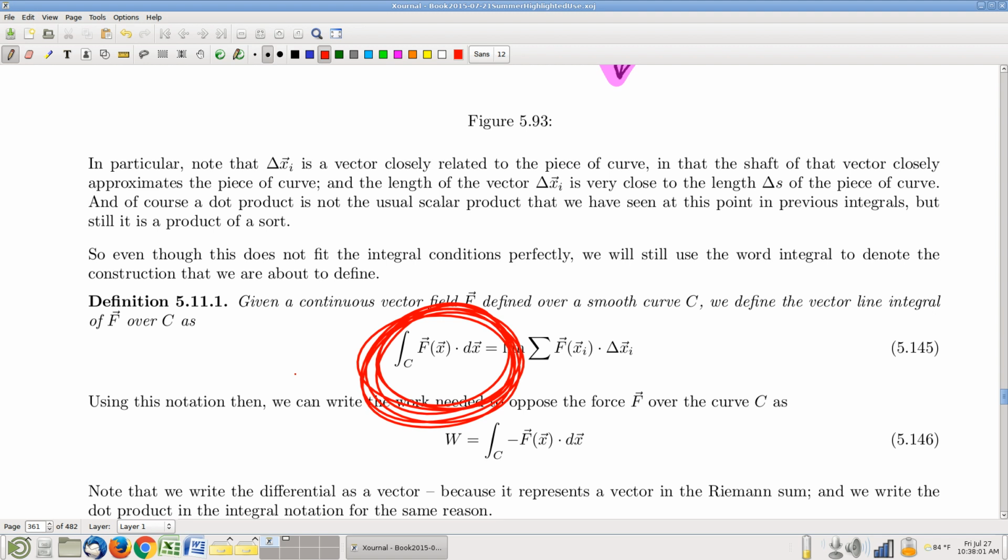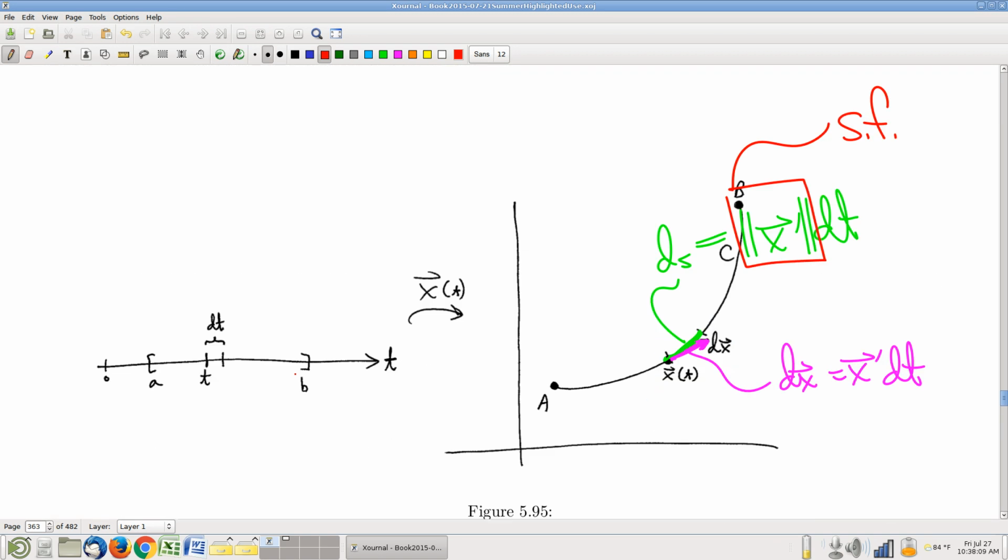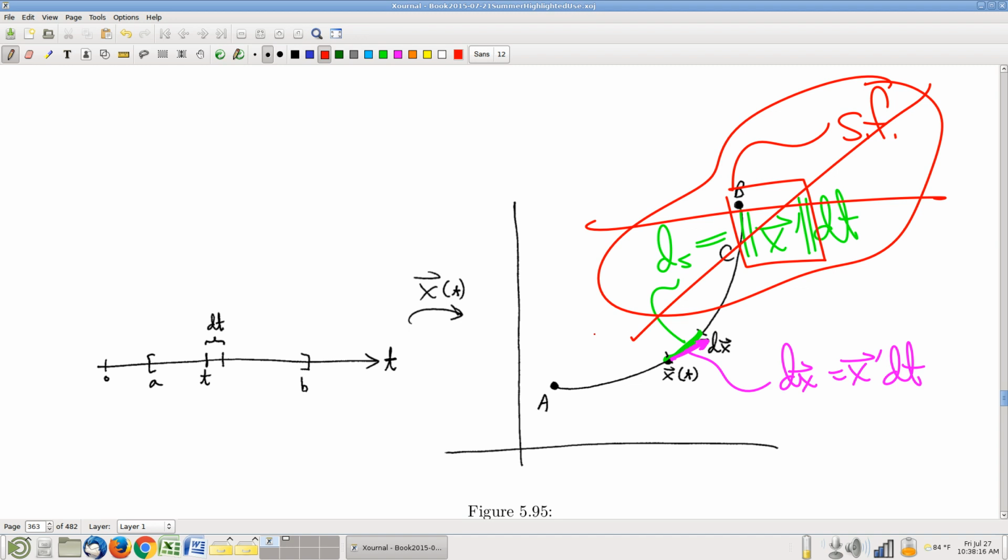I don't need to know ds. It's not there. I don't need it. So the fact that I have already computed a stretching factor, I don't care about any of this. I don't need the stretching factor because that was just a way to get my hands on ds, and I don't need ds. All I need is dx.